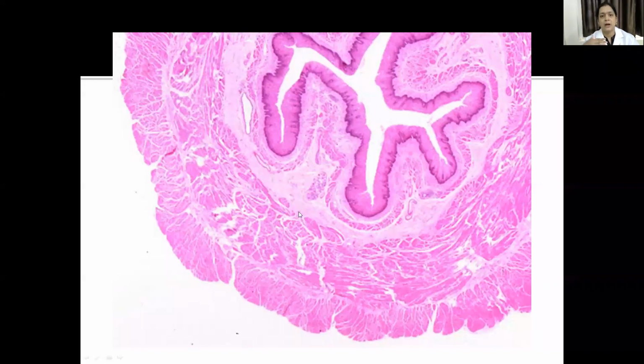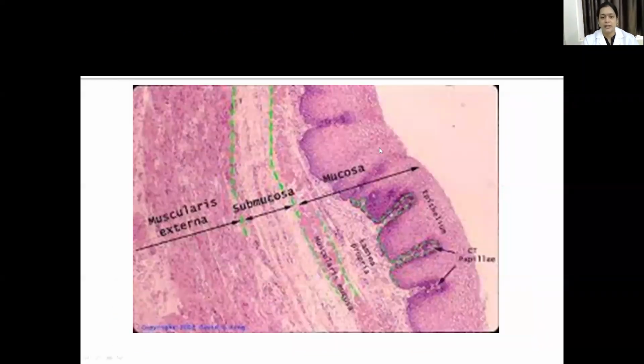So remember, the upper 2/3, the muscle layer is different, and the lower 1/3, the muscle layer is different. Right? So this is the high power view. This is the mucosa, the stratified squamous epithelium, the lamina propria, the muscularis mucosa, and the submucosa with the mucosal glands, and then this circular layer and the longitudinal layer.